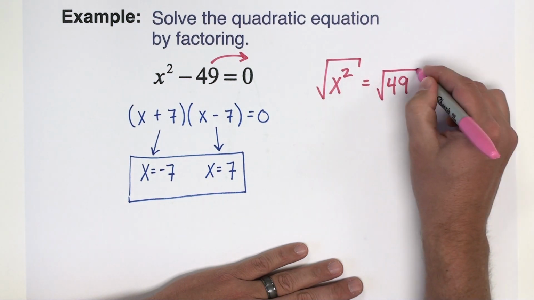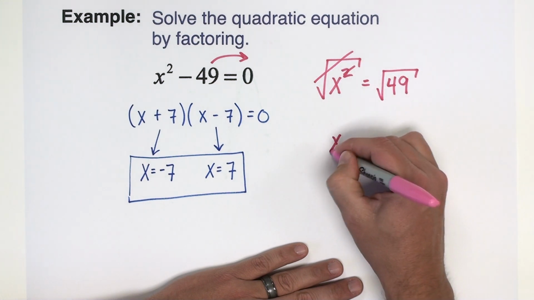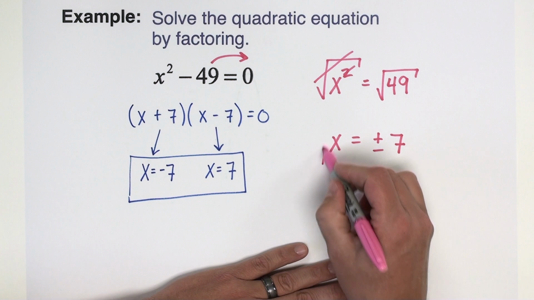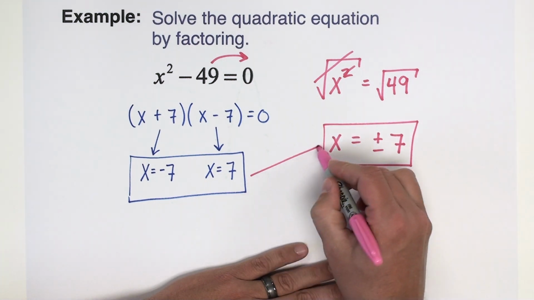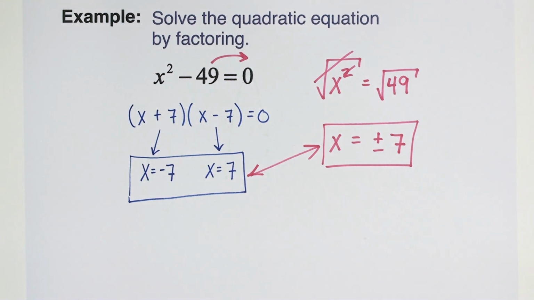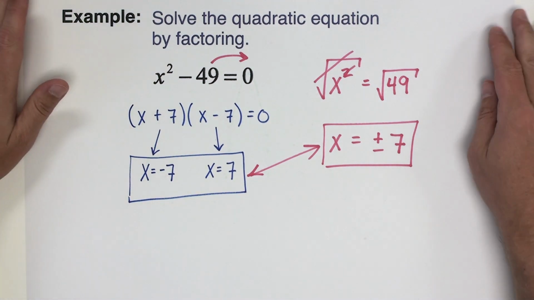Take the square root of both sides and get x equals plus or minus 7. And you can see it's the same answer, just a different way that we can solve that problem. And really it's up to you how you see the problem and what direction you want to go.